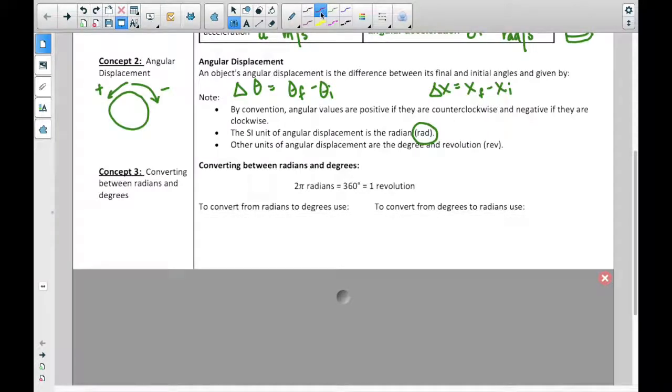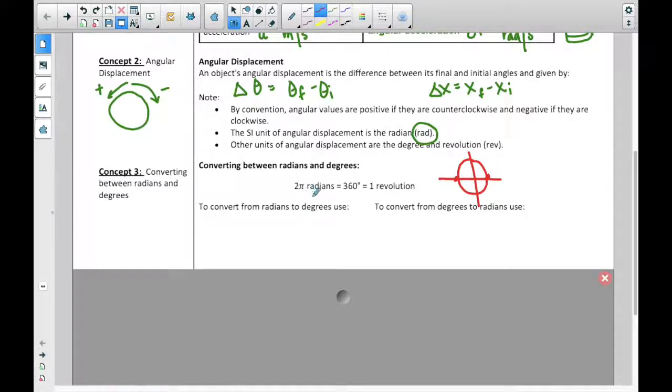Okay, well, when we are converting between radians and degrees, again, back to your math classes, you should know that a circle has 2 pi radians in it. And so in the unit circle, if you start here and you go all the way around, you have gone 2 pi radians. Whereas if you just go halfway around the circle, that's 180 degrees, and that is pi radians.